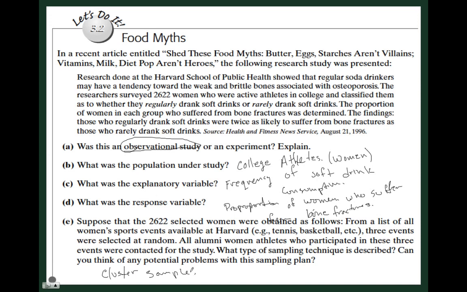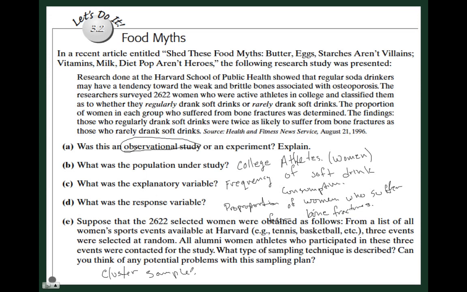And we're also asked to discuss any potential problems we see with this plan. And there are definitely some problems, I think. First of all, different types of sporting events. Well, let me put it a different way. It's likely that certain types of athletic events require certain body types.